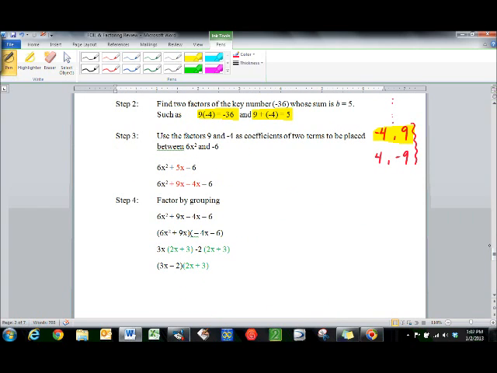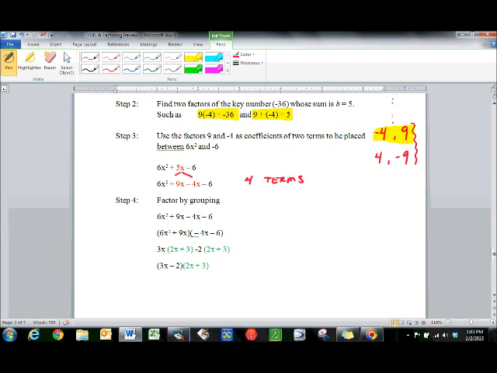We know that the negative 4 and the positive 9 created the 5, so we're going to take the 5x and break it apart into a positive 9x and a negative 4x. So now we have created 4 terms. This is what we wanted to do to get our ability to factor by grouping.